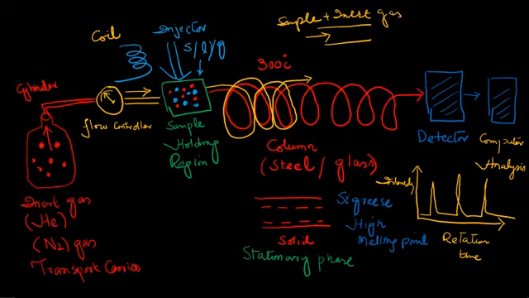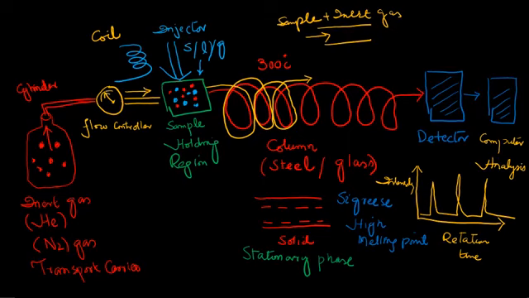The stationary phase material in a column is used because it absorbs and does not allow the different types of sample molecules or inert gas to react with the boundaries of the column.